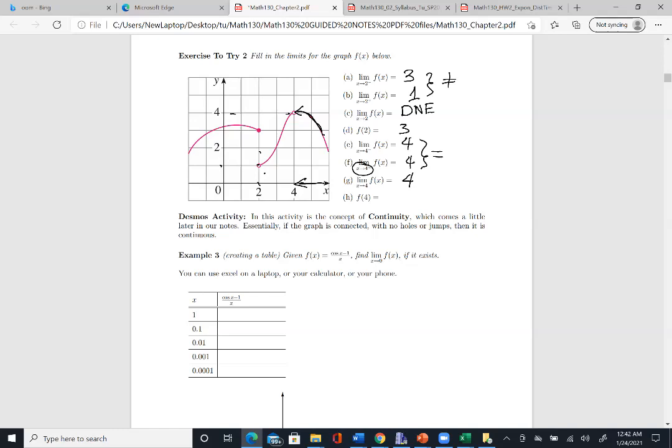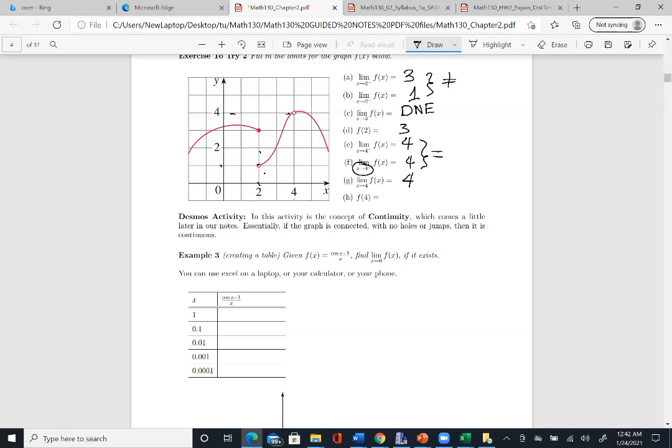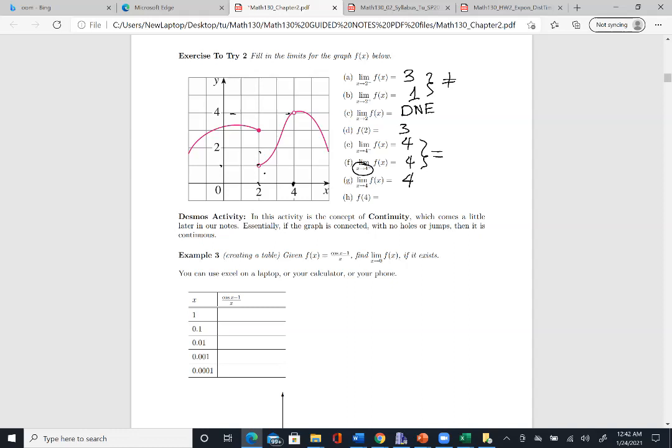Okay. Last question. f of 4. Now be careful. In this case, you are looking for the value of f(x) when x equals 4. I know that when x equals 4 is here. Now you try to look, is there a point on the graph that has a value of x equal to 4?